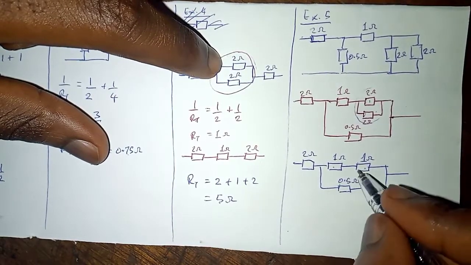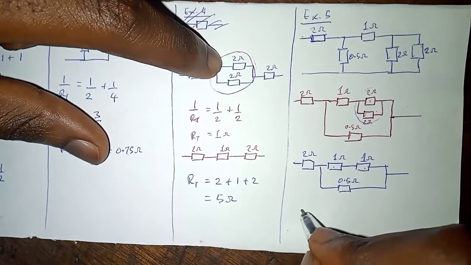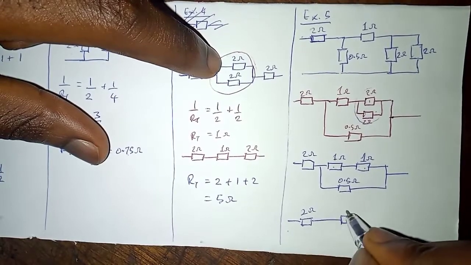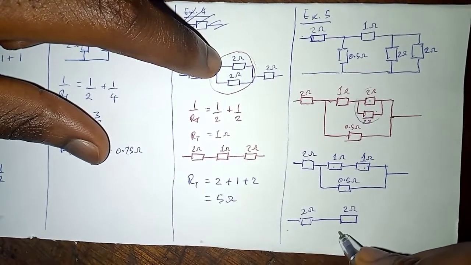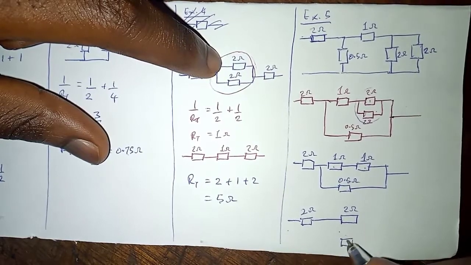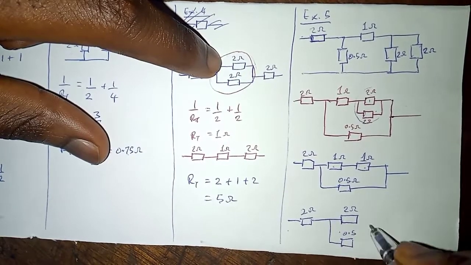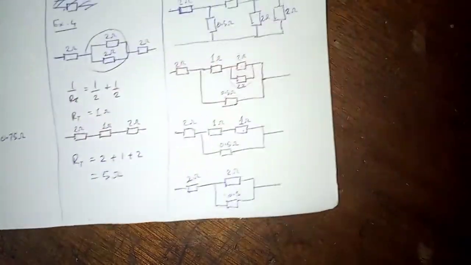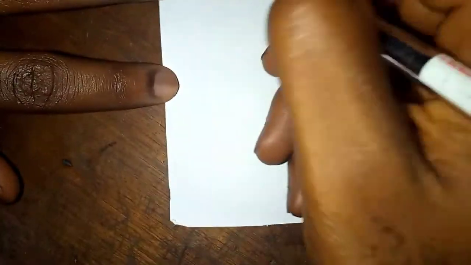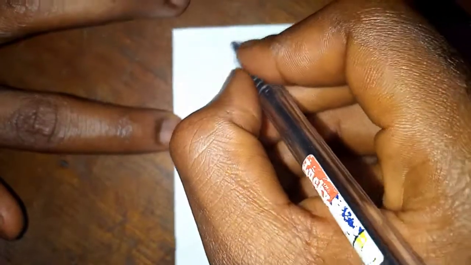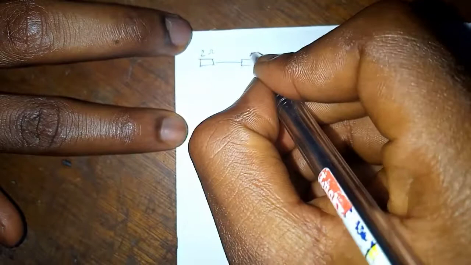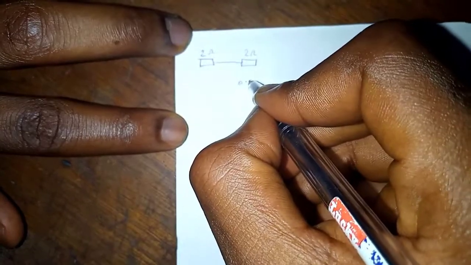Summing this together, I have 2 ohms here, 2 ohms with 2 ohms here, and 0.5 ohms here. Let me redraw that. 2 ohms, 2 ohms, 0.5 ohms.